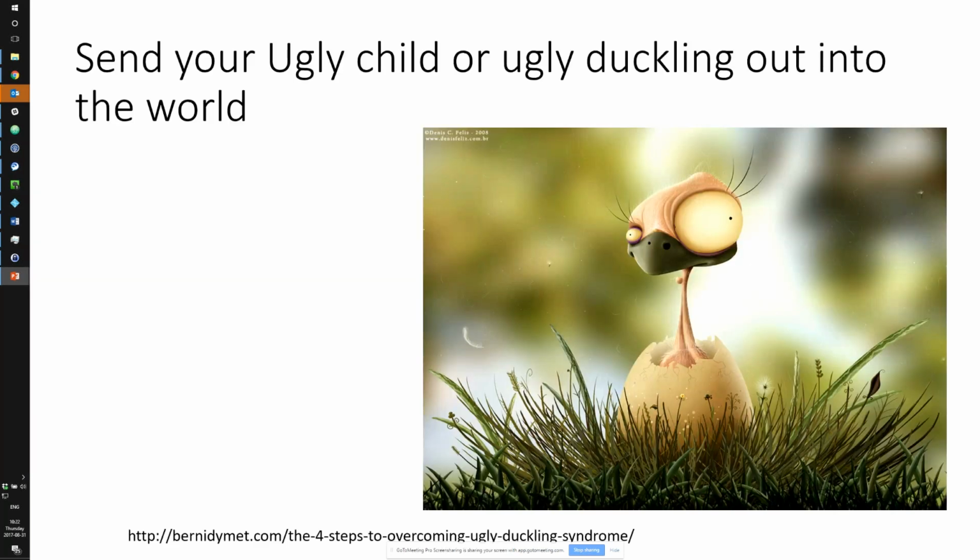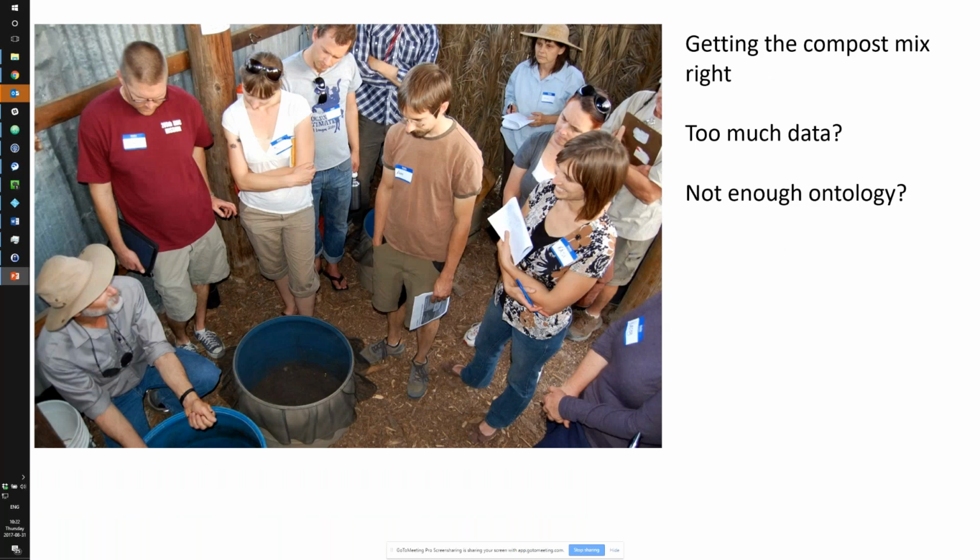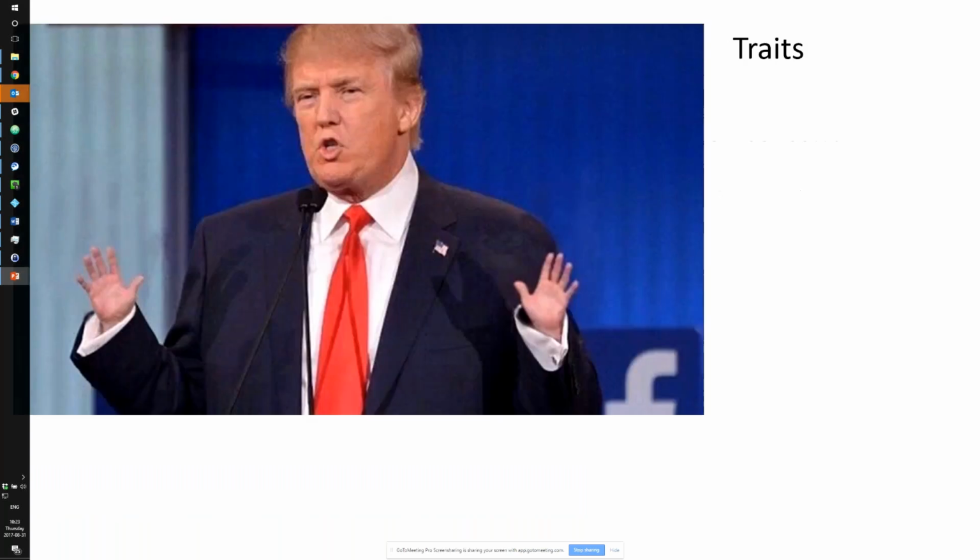Need to be not too worried about moving forward and pushing ideas out so that the tires can be kicked, so that we can test prototypes. Be willing to send your ugly duckling out into the world. Data composting was an interesting concept, although you have to make sure to get the compost mix right, to get the balance of data and analysis sorted out.